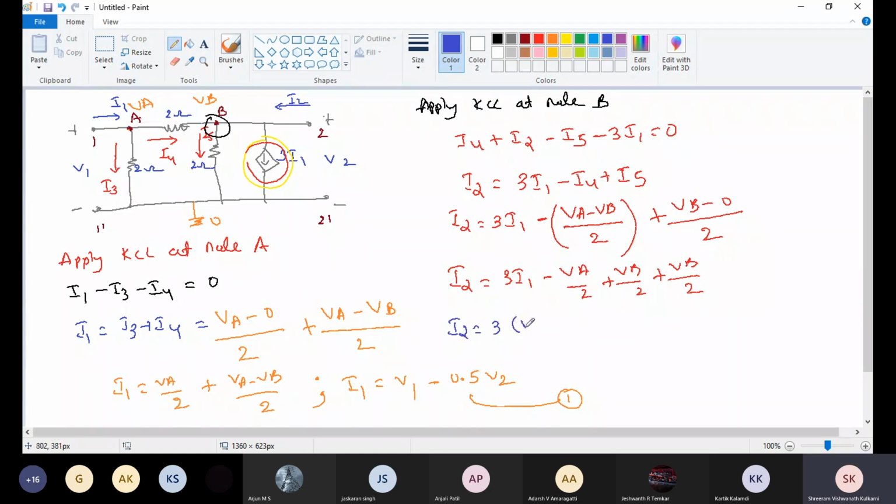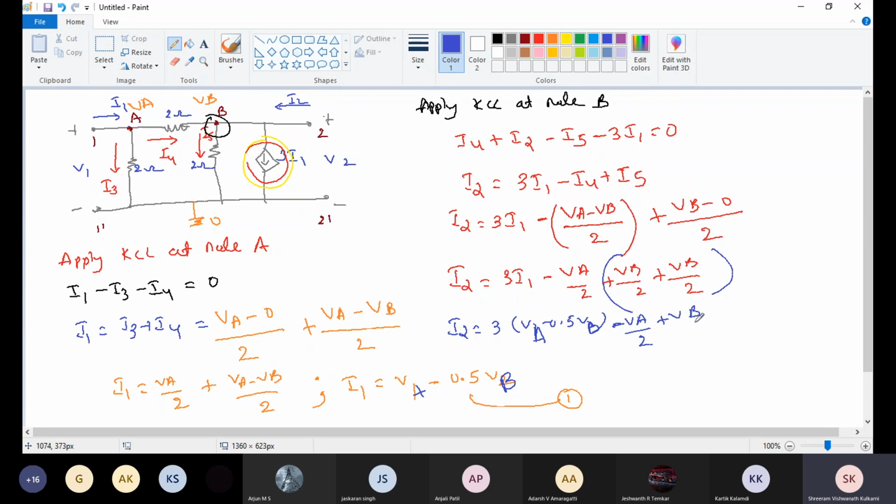I2 equals 3 times (VA minus 0.5 VB) minus VA by 2 plus VB by 2 plus VB by 2.